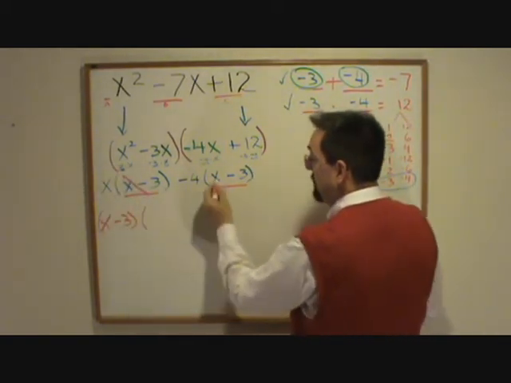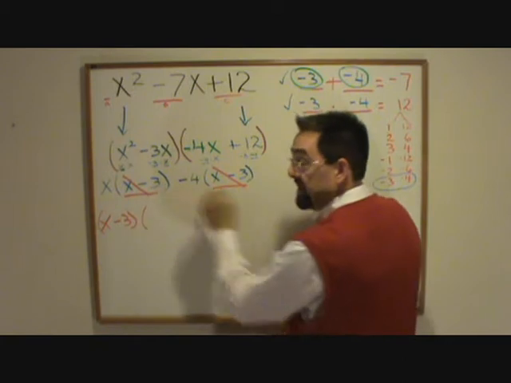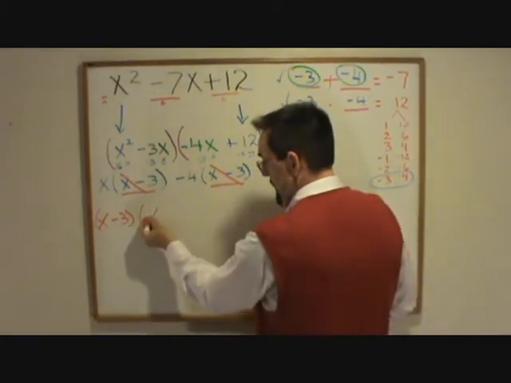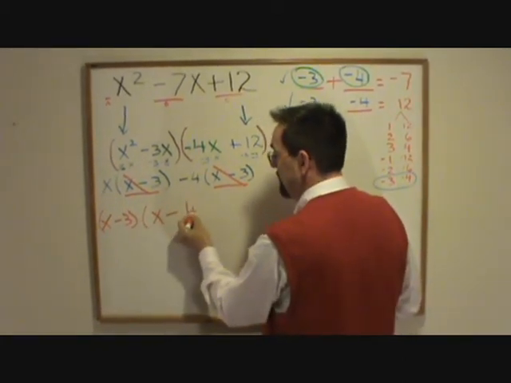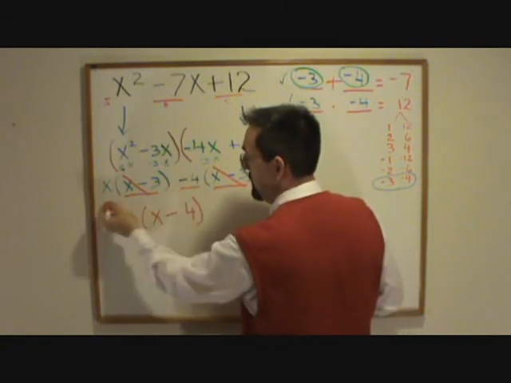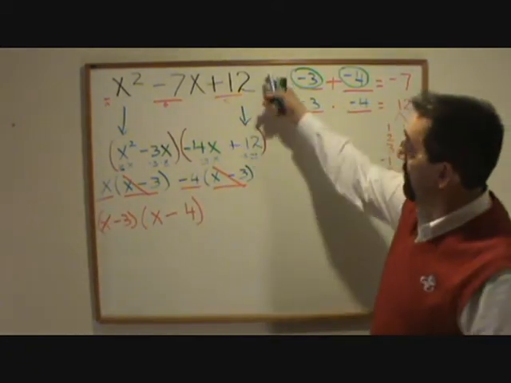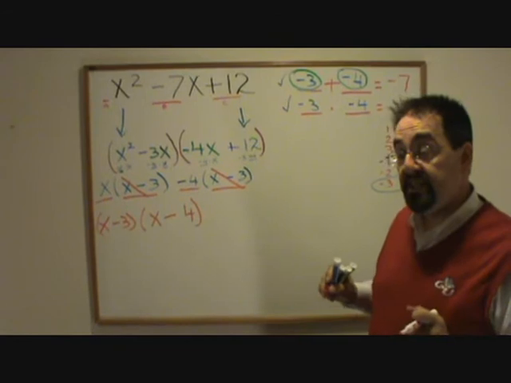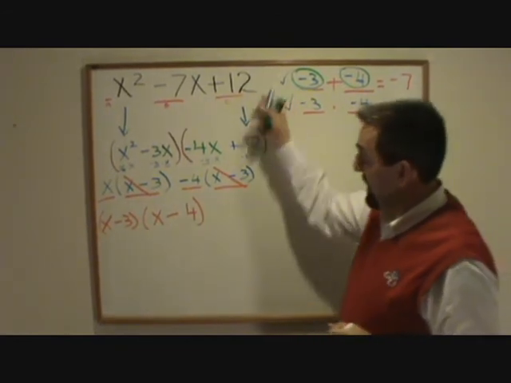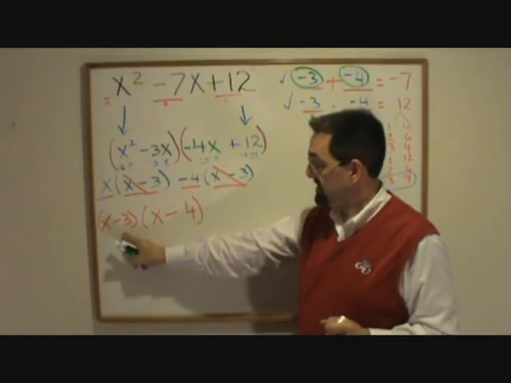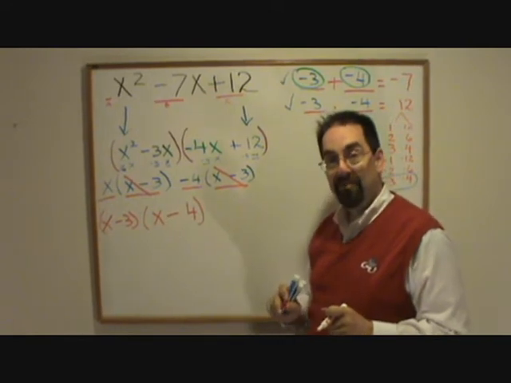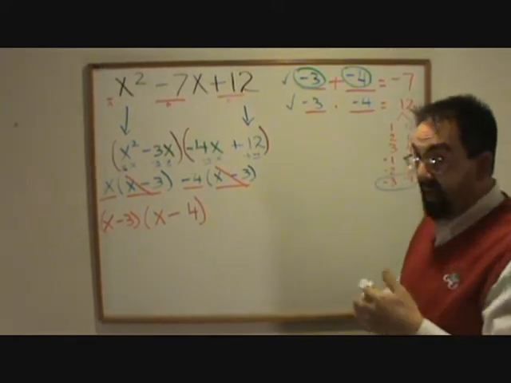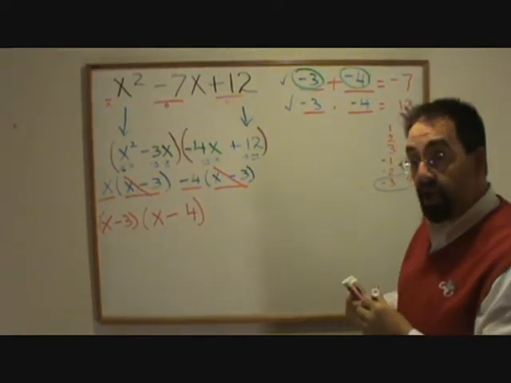X minus 4. Good job. So now our original x squared minus 7x plus 12 has been factored to x minus 3 times x minus 4. Good job.